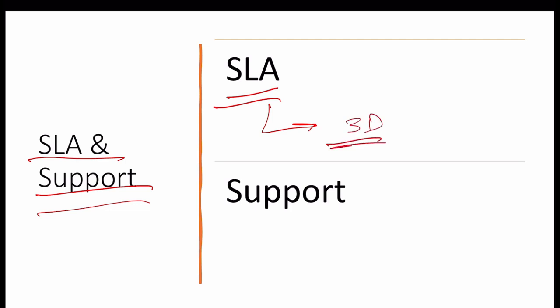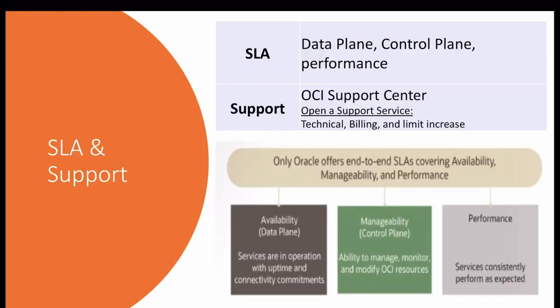Oracle Cloud provides three-dimensional SLA that is based on data plane, control plane, and performance. Data plane is known as availability, which is based on the commitment that the services are in operation with uptime and connectivity. The control plane is also known as manageability, the ability to manage, monitor, and modify OCI resources.